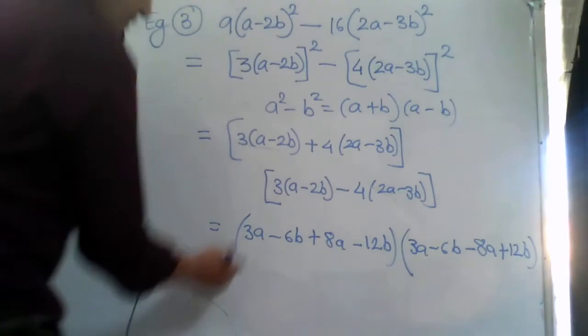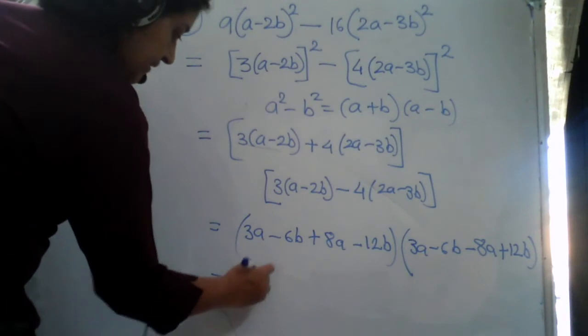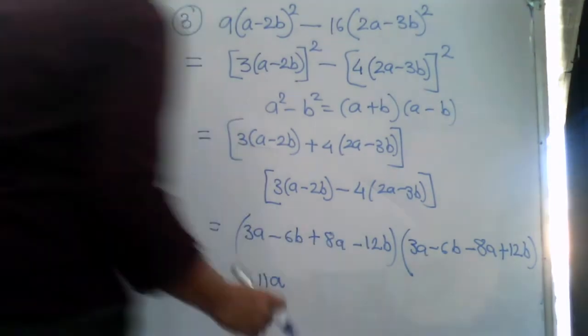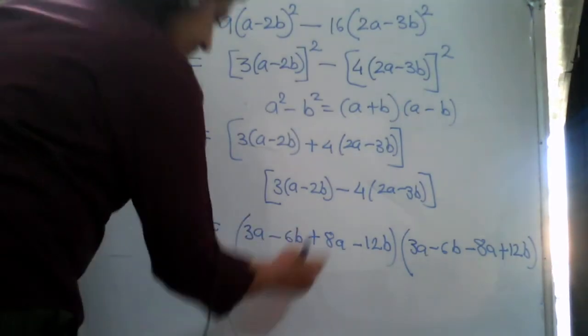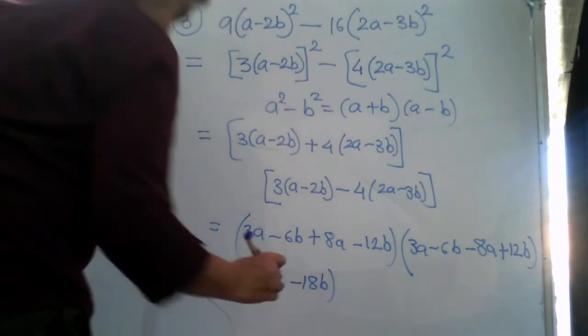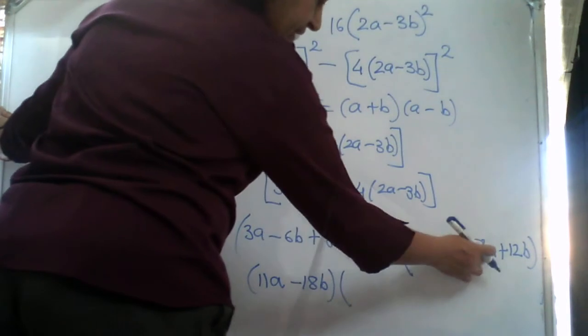Well, now 3a plus 8a, how much would it be? 11a, minus 6b minus 12b. So how much is it going to be? Minus 18b. Okay, now what about the second bracket? 3 minus 8.